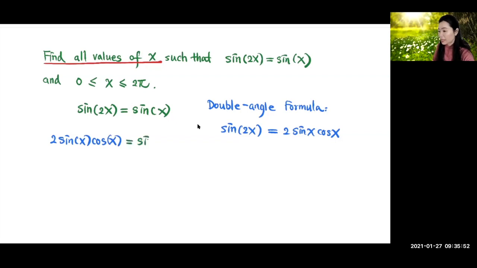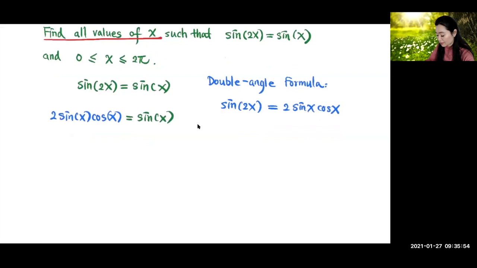Now after this, we have sine x over here, sine x over here. Let's move all the terms to the left side of the equation. So we're going to have 2 sine x cosine x, and then minus sine x over here equal to 0.